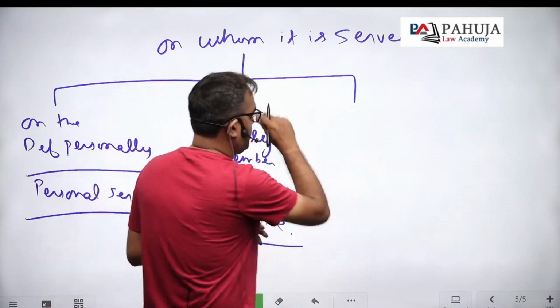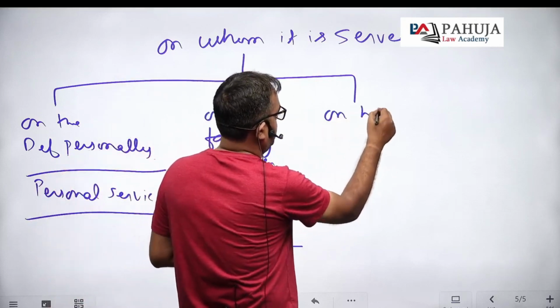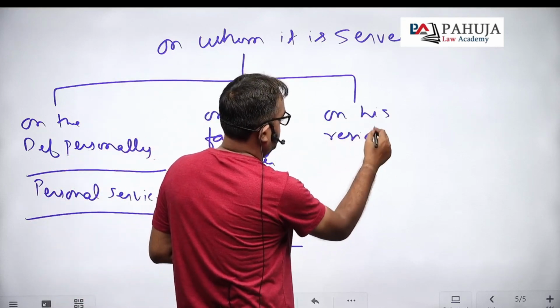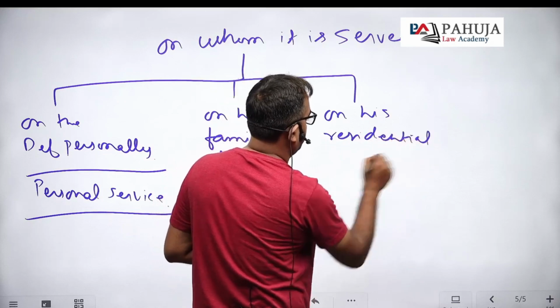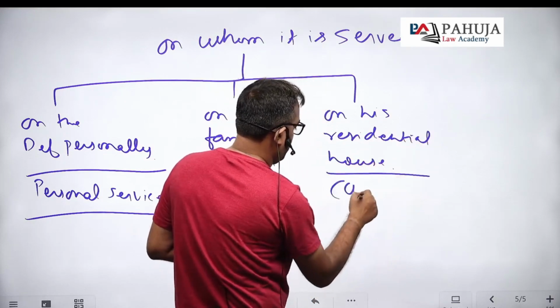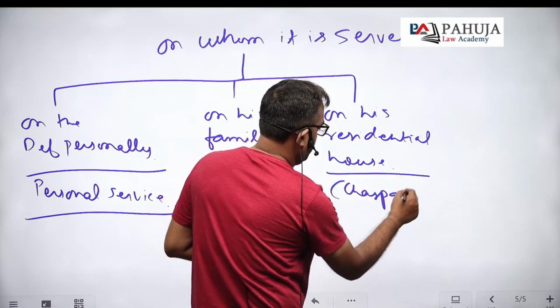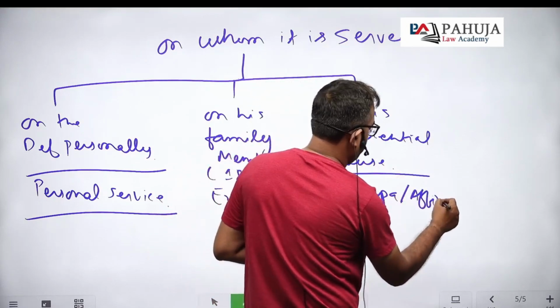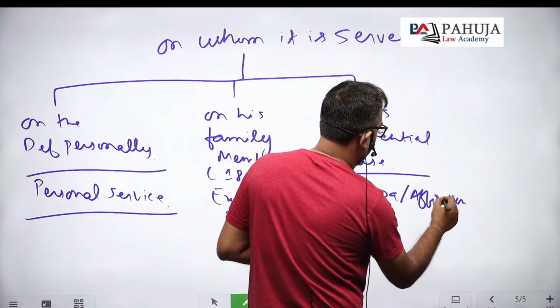Then you have, अगर उधर नहीं मिलता, then on his residence, residential house, समझो, right? This is known as, in Hindi it is known as chaspa, or in English known as affixation of a copy of summons.